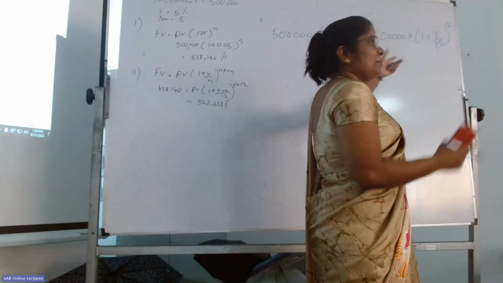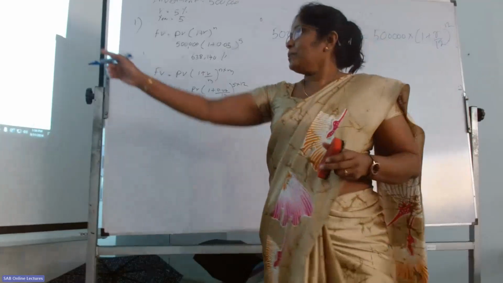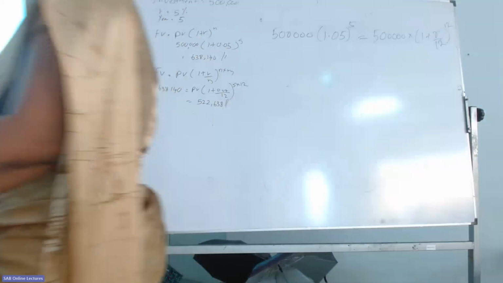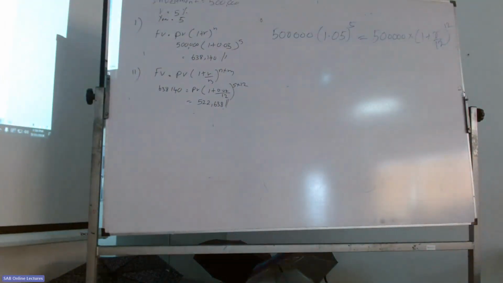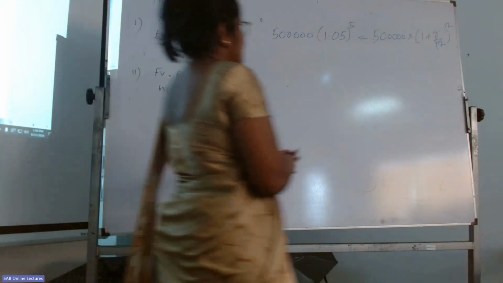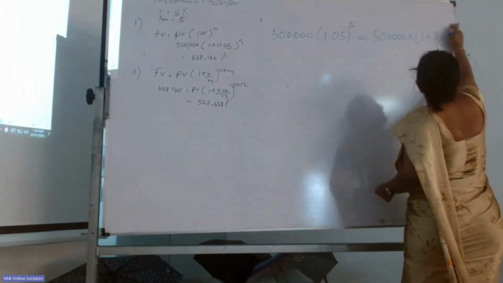We can take the same rate from both, this nominal annual interest rate. Determine the nominal annual interest rate DF Finance should offer for someone to be indifferent between DF and GF Finance. That way you can calculate it. This is not 12, this is monthly, 5 into 12, so that is 60.